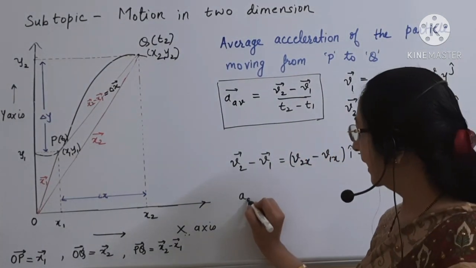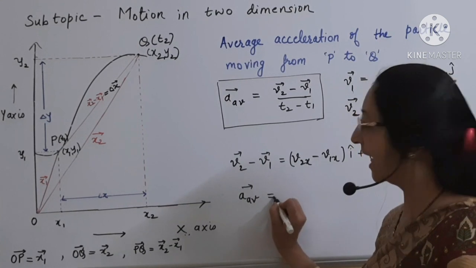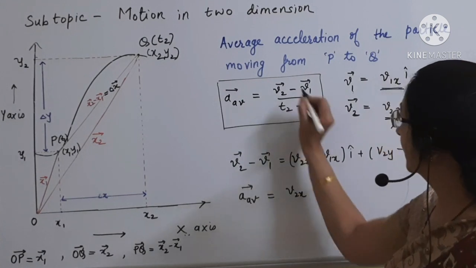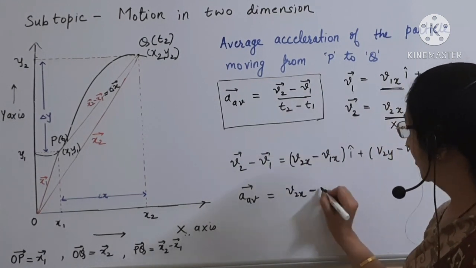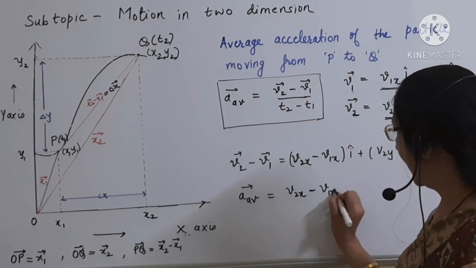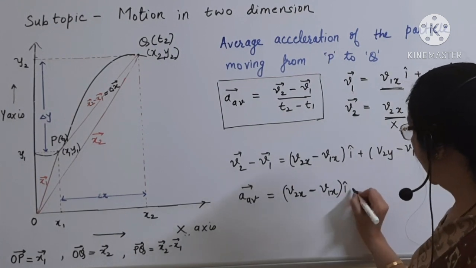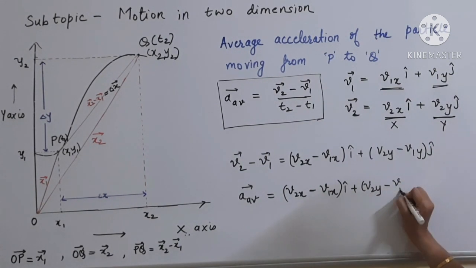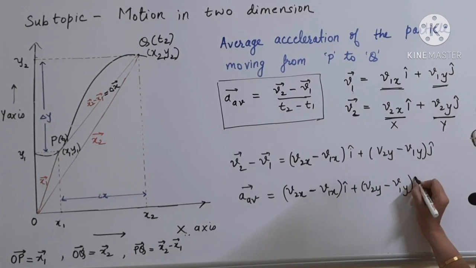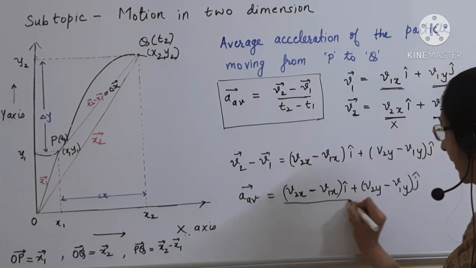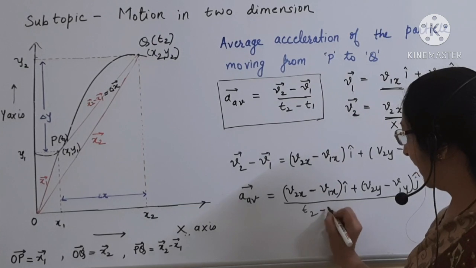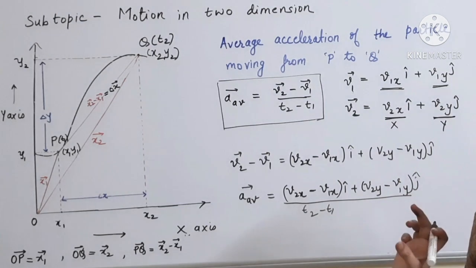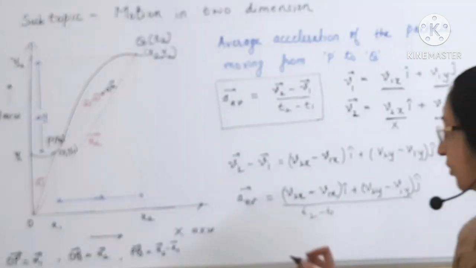So A average, the average acceleration which we want to find, is ((V2x minus V1x) i plus (V2y minus V1y) j) upon (T2 minus T1). Now there are two terms here, and the denominator is the same, so we separate them.